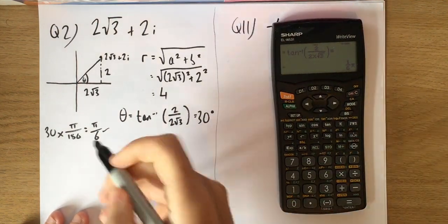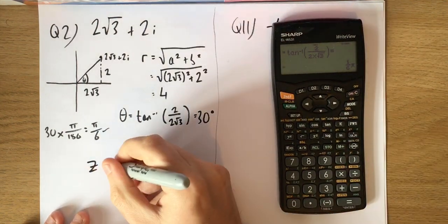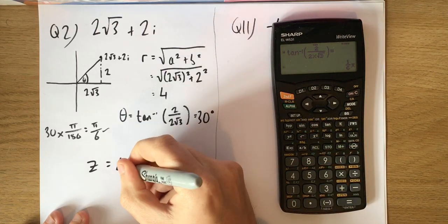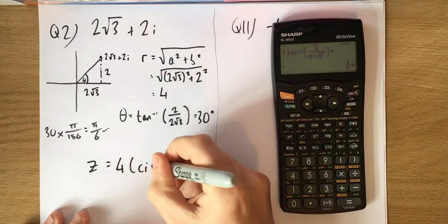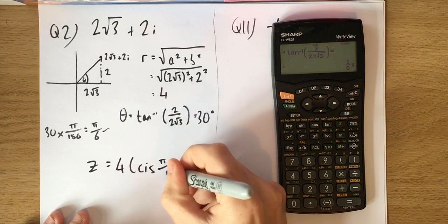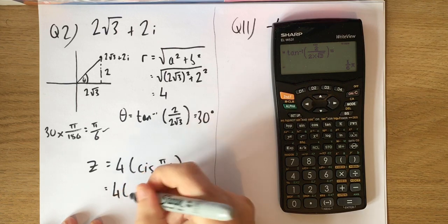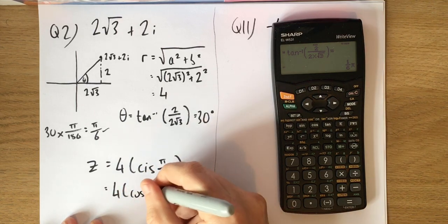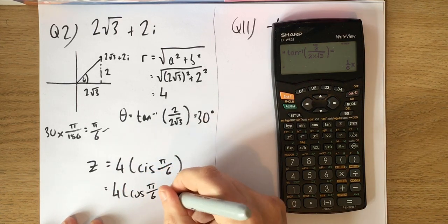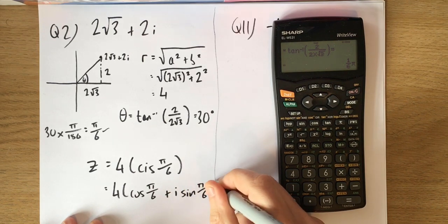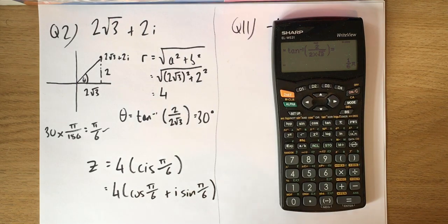However you do it, z is equal to r cis the angle, so 4 times cis pi over 6. And remember, cis just means the cos of the angle plus i sine of the angle. And that's that one done.